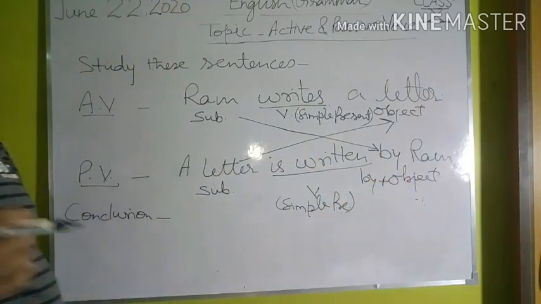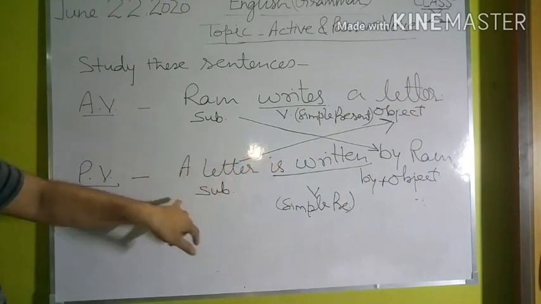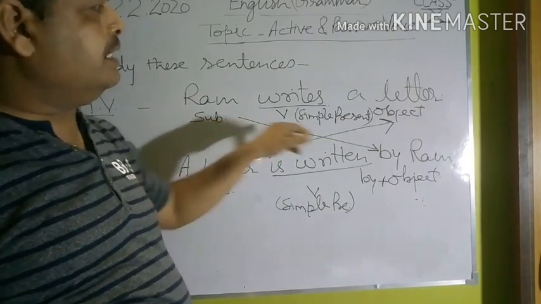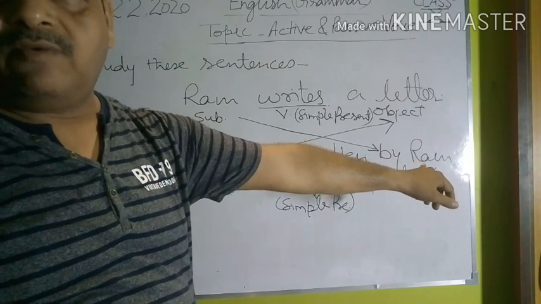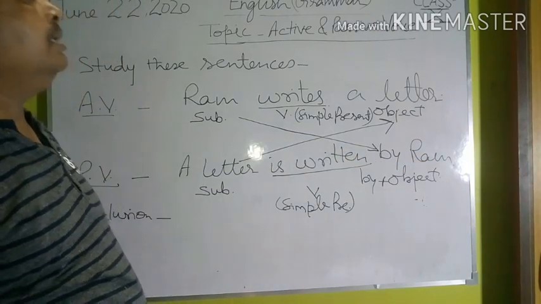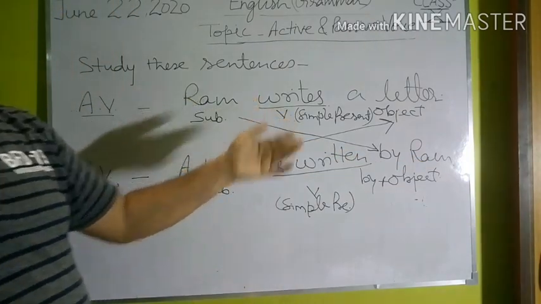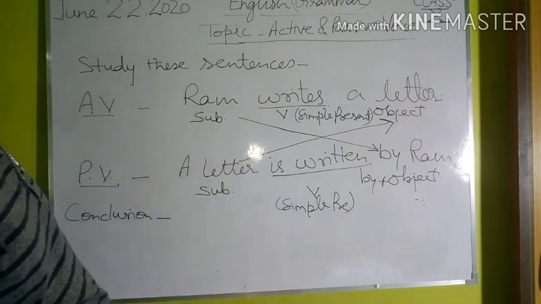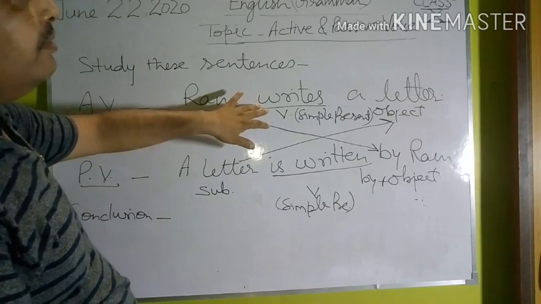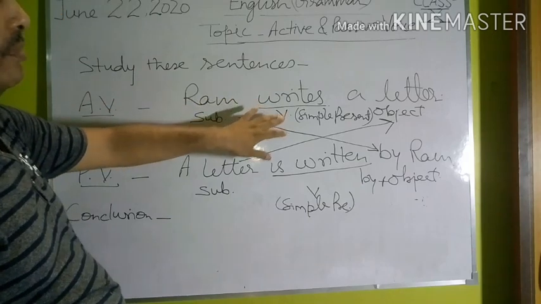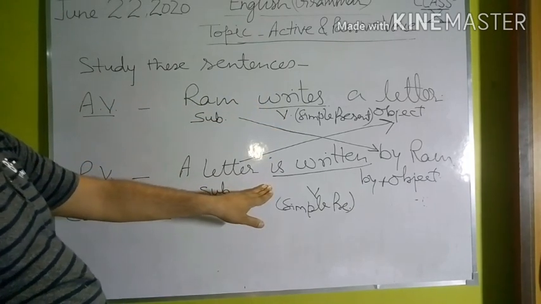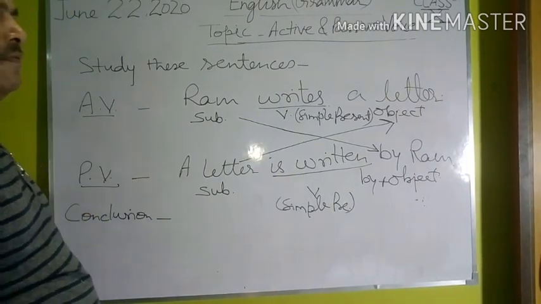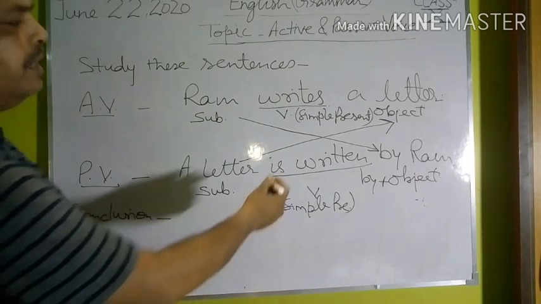It means here letter has become the subject in the passive voice, and we can see that Ram is placed in place of object in the passive voice. Some modifications have been done in the verb here. You can see the verb of the active voice is in simple present tense, which means we have used the first form of the verb, but in the passive voice we can see that the be form of the verb is used along with the third form of verb, which is known as past participle.